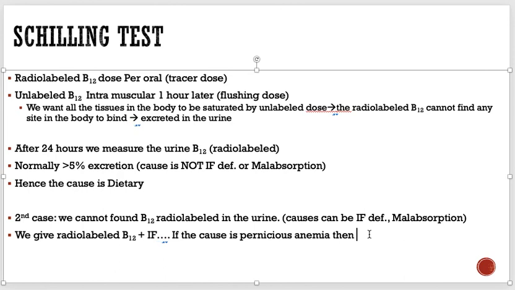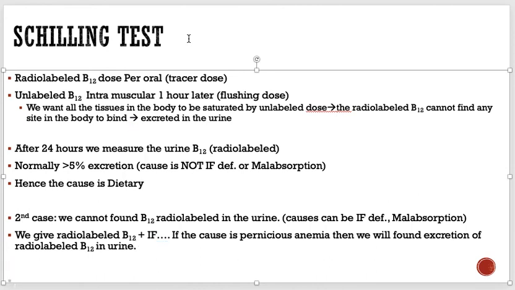Then we will find excretion of radio-labeled B12 in the urine. Understand?